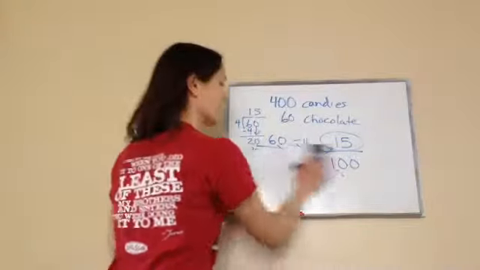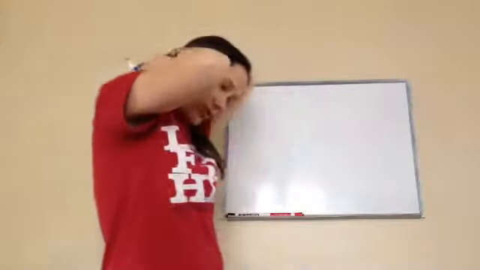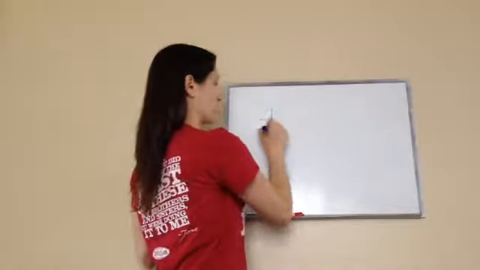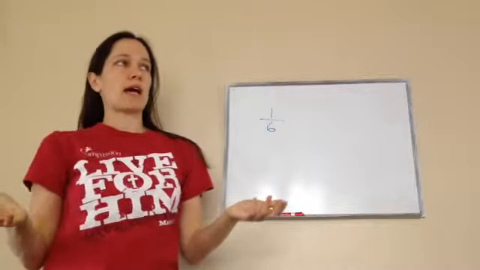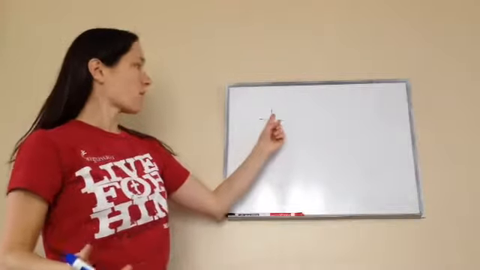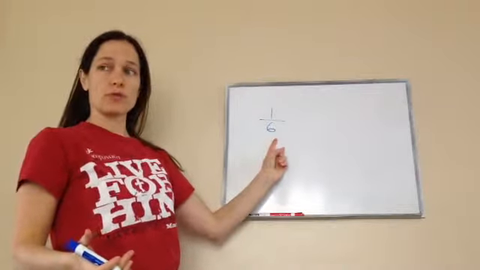Now, let me show you one more. This next one has a fraction. So let's say 1 out of every 6 children are boys. So I have 1 out of 6 children are boys.